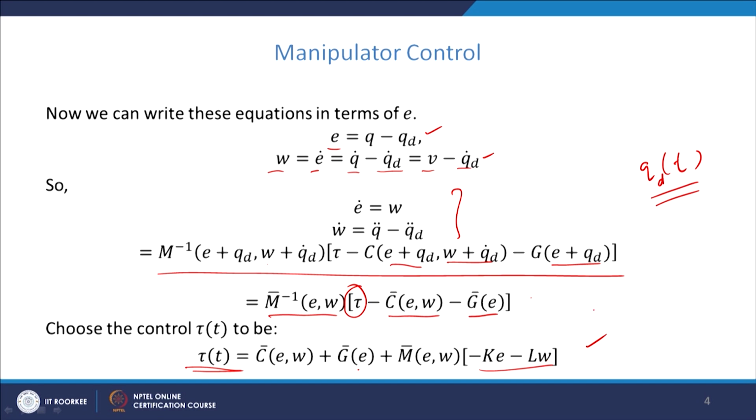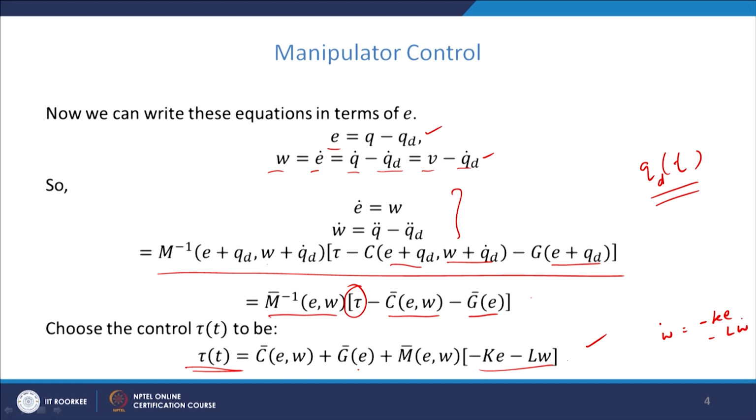So, if you substitute this particular tau, we will get the equation to be a simple one. The second equation will become, after substitution, this M bar inverse will get cancelled with the M bar, and the remaining will be simply W dot equal to minus KE minus LW.